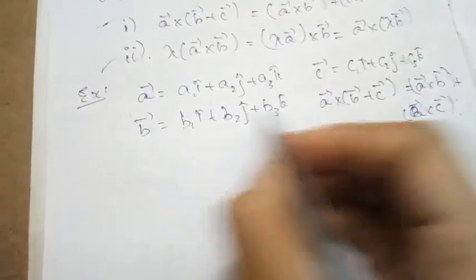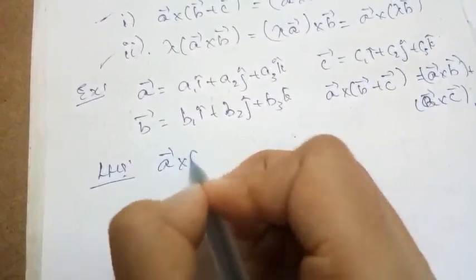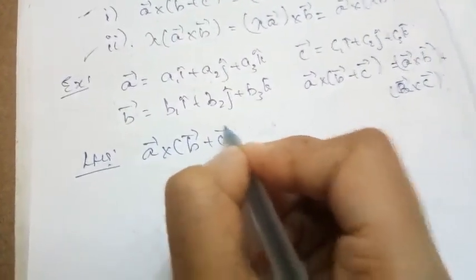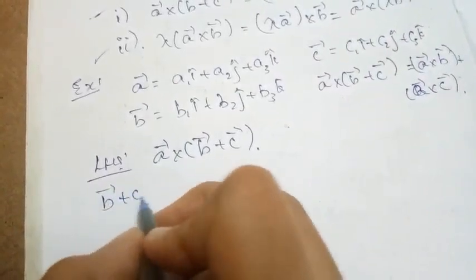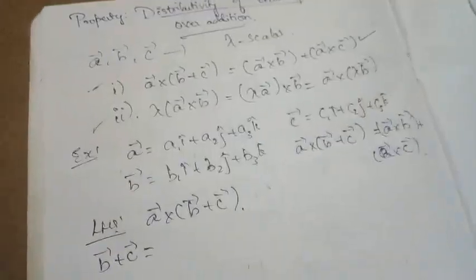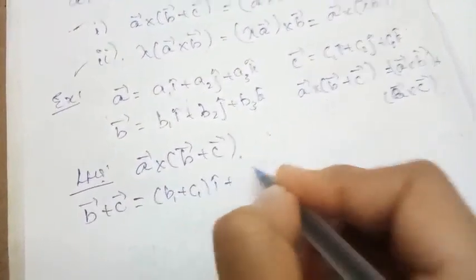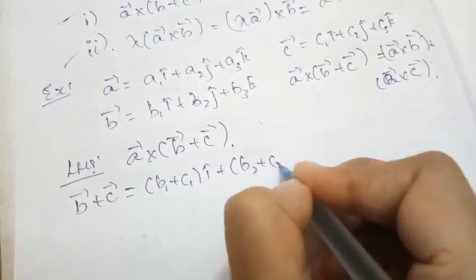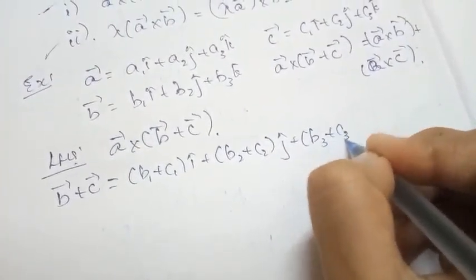So I'll consider the LHS first, that is vector A cross (vector B plus vector C). First, let us find what vector B plus vector C is. It is nothing but (b1 plus c1) i cap plus (b2 plus c2) j cap plus (b3 plus c3) k cap.